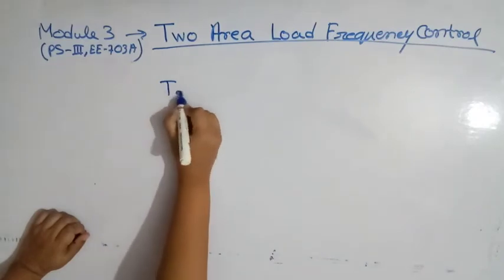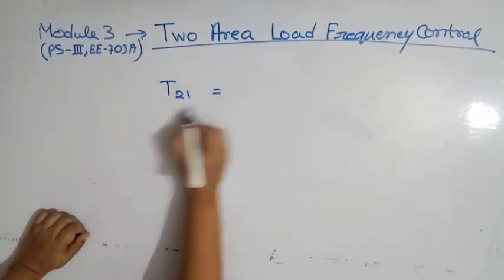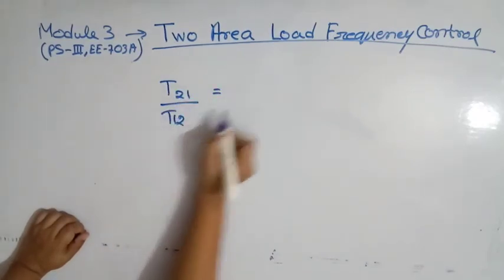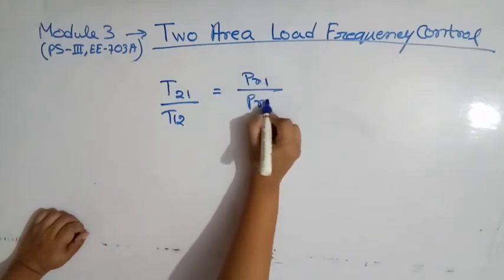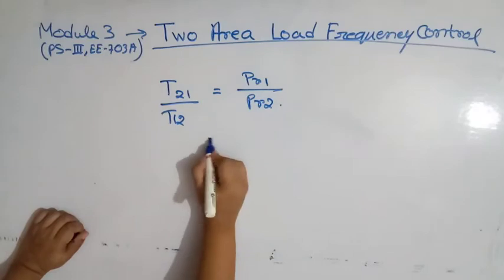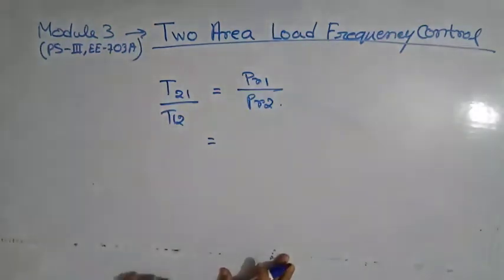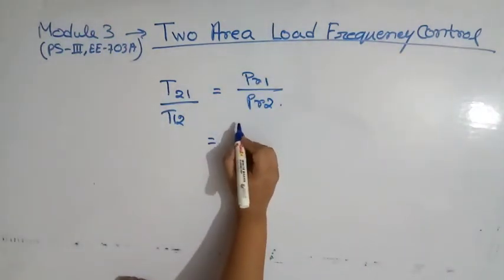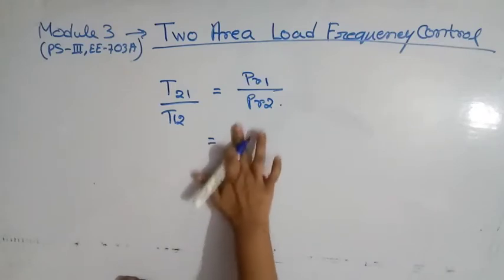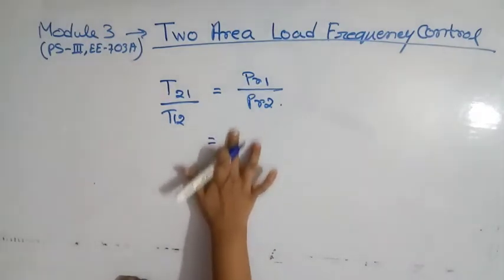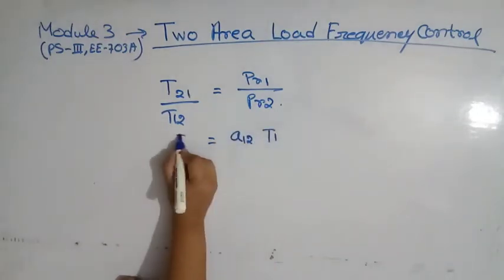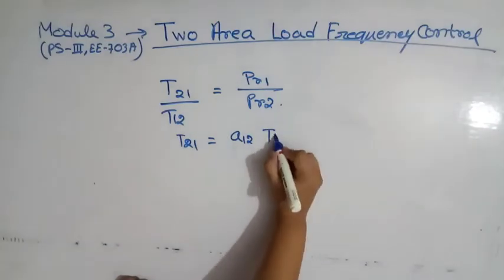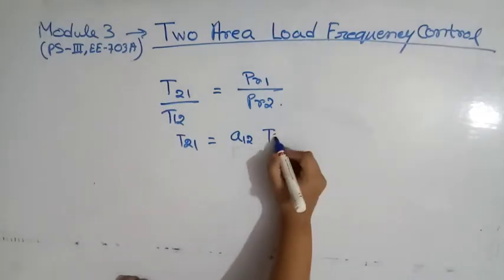So T21 by T12 equals PR1 by PR2. Now PR1 by PR2 can be written as A12, so T21 equals A12 T12.